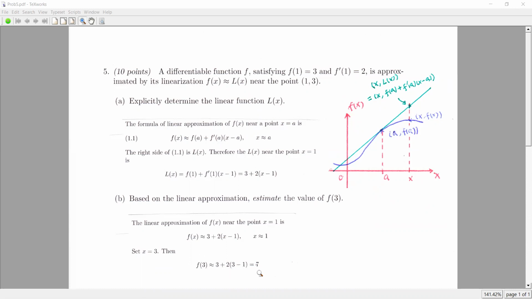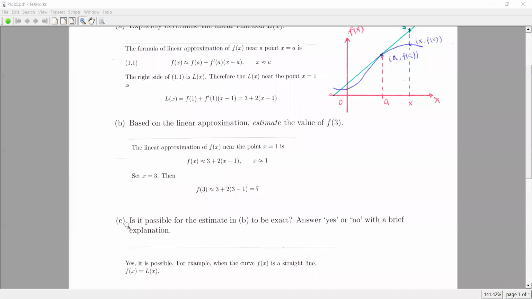Here I use the value of the tangent line at the point 3 to estimate the value of the curve at the point 3. Part C. Is it possible for the estimate in part B to be exact?